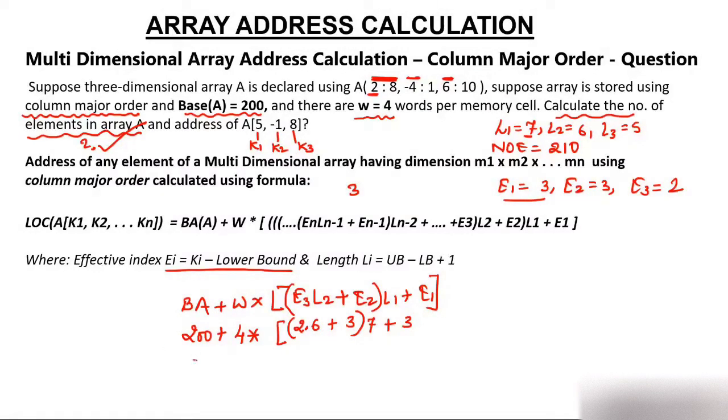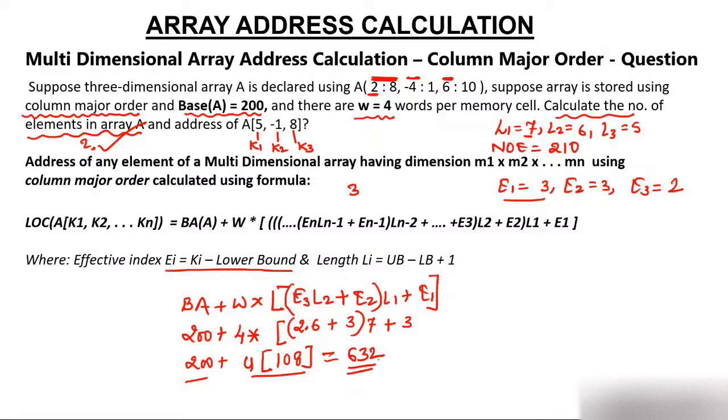Now calculate. 200 plus 4 into 2, 6, 12. 12 plus 3 is 15. 15 into 7 is 105. 105 plus 3 is 108. Now you multiply 108 with 4. This will give you 400, and then 8 with 4, 8 4 32. This gives you 432, and when you add 432 with 200, you get 632.